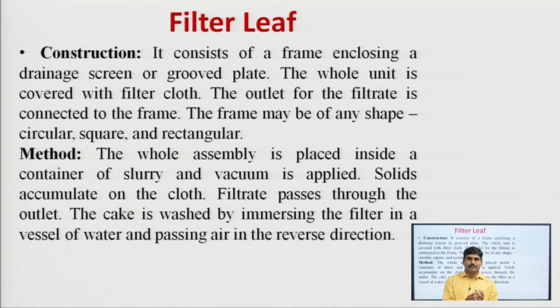So, after application of vacuum, what happens? Solids are accumulated on the cloth, and the filtrate which is present in the slurry, it passes through the outlet. So, in this way this filter leaf assembly works.